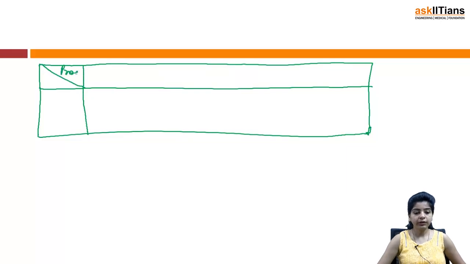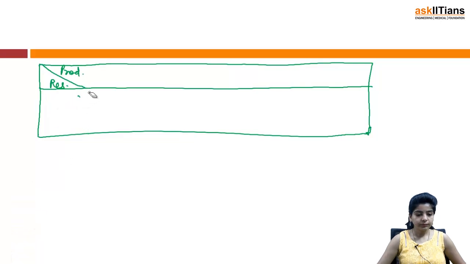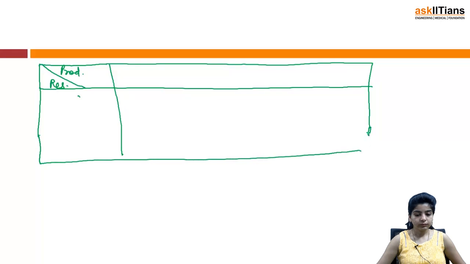This is product, here I am writing down the product, and then I have the resources. We have molding, then grinding, and then polishing.